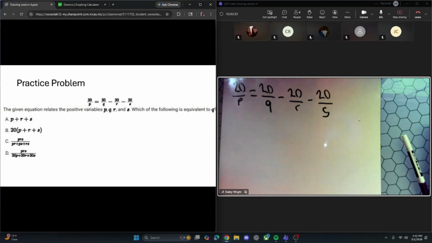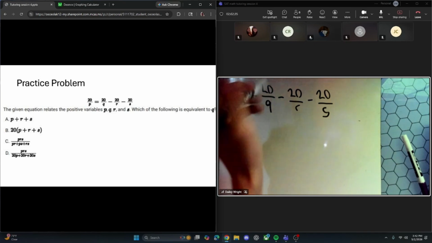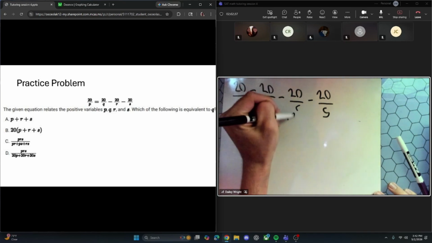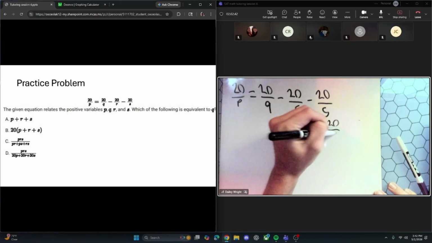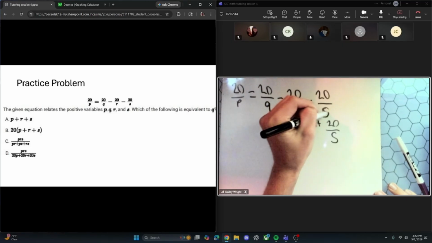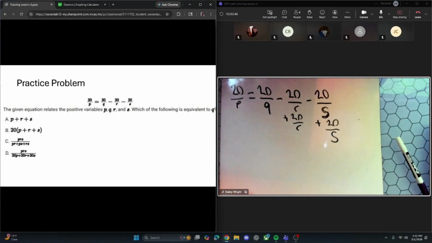The first thing I'm going to do is add over that 20 over r and that 20 over s. This is an s, not a 5. To get that fraction with q by itself.